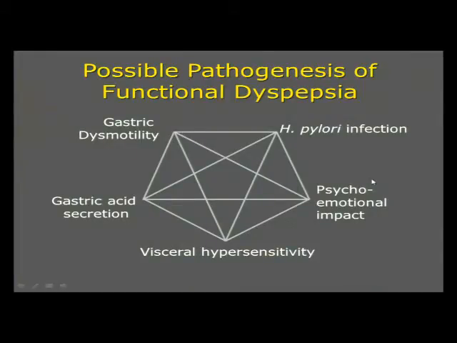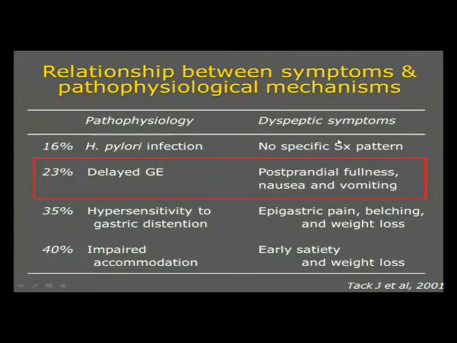Here is the possible pathogenesis of functional dyspepsia, such as gastric dysmotility, visceral hypersensitivity, gastric acid secretion, psycho-emotional impact, and also H. pylori infection. Based on the pathophysiological mechanisms, we can see several kinds of dyspeptic symptoms, such as postprandial fullness, nausea and vomiting, epigastric pain and belching, and sometimes weight loss.